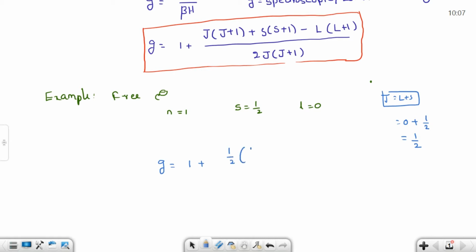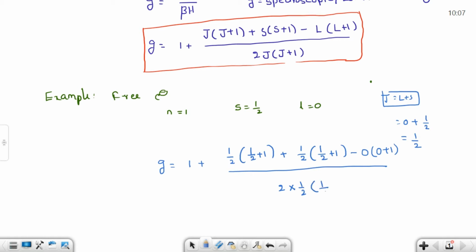So now 1 by 2 into 1 by 2 plus 1, plus the spin of the electron, 1 by 2 into 1 by 2 plus 1, minus L into L plus 1, which is 0 into 0 plus 1, over 2 into 1 by 2 into 1 by 2 plus 1. Here also we substituted the J value.